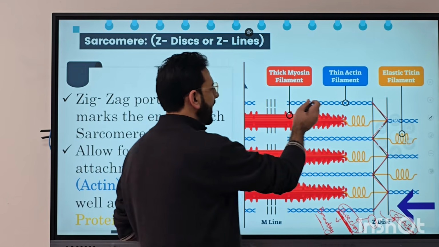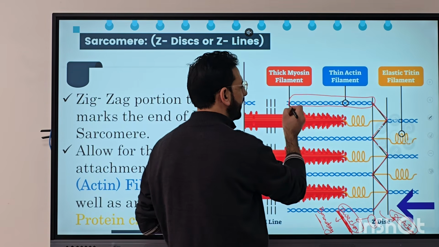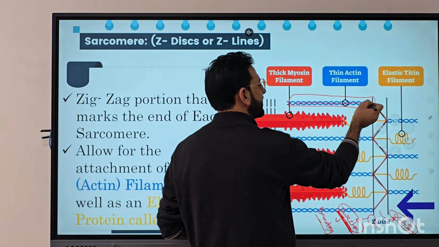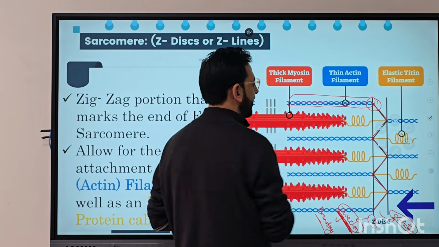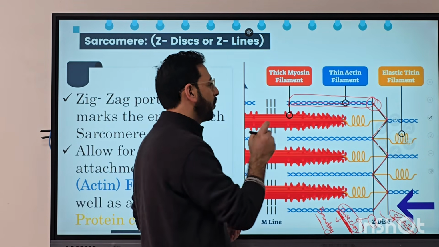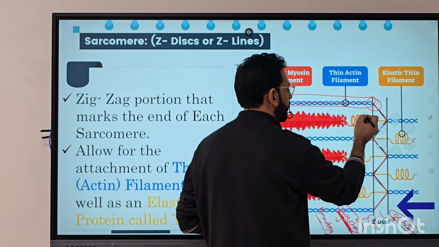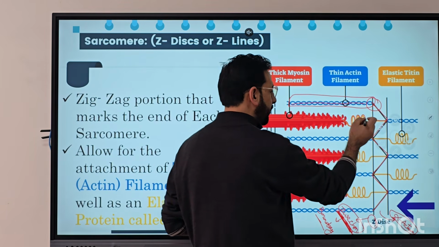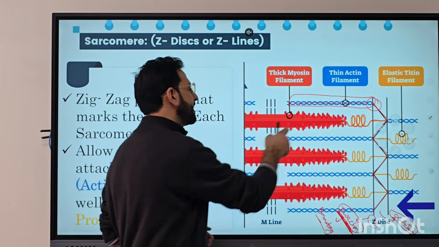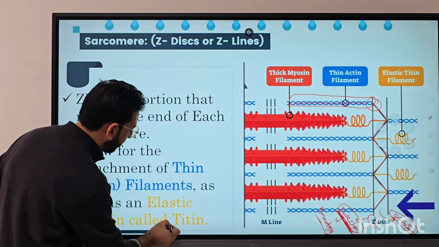One is the thin filaments, the thin actin filaments. You can see here, these are the thin filaments, and this thin filament is attached to this Z line. The second is this springy protein, this yellow protein here, which is also attached to the Z line, and it is called titin.